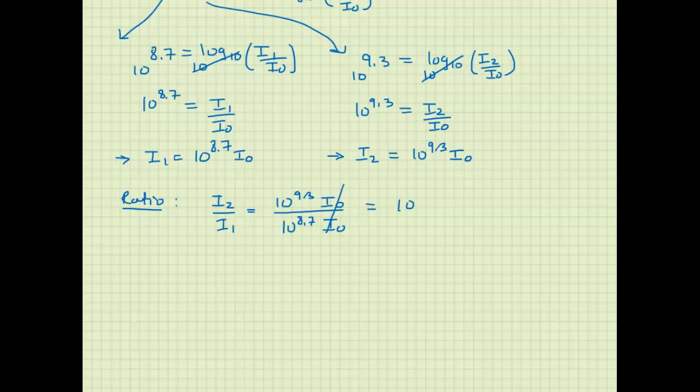So 9.3 minus 8.7 gives me 0.6. All right, let's do 10 to the 0.6 in the calculator. We get about 3.98, which is approximately 4.